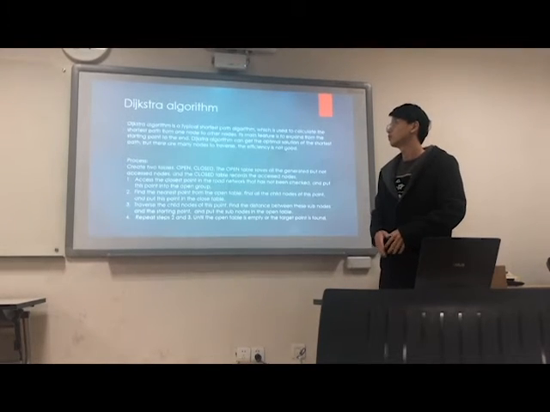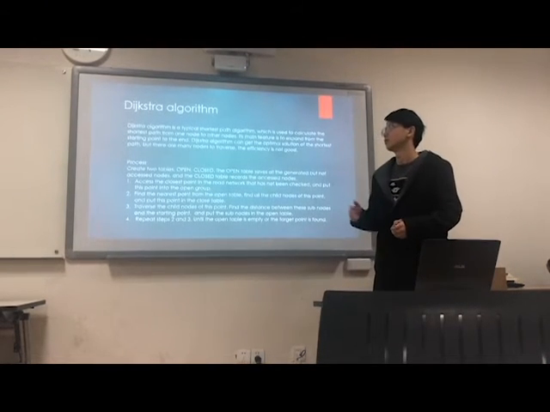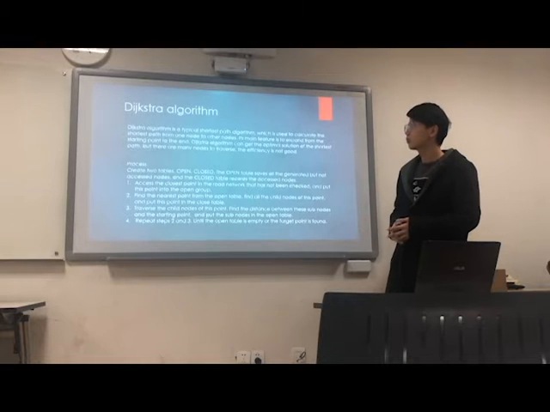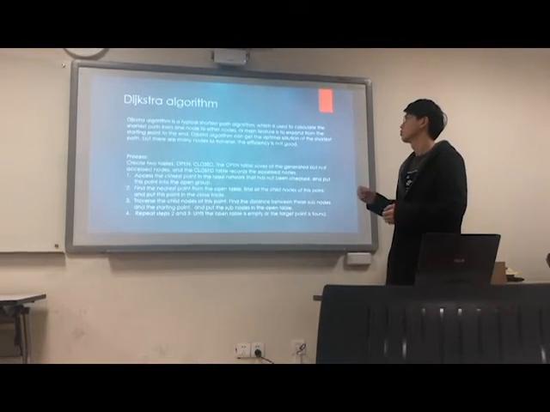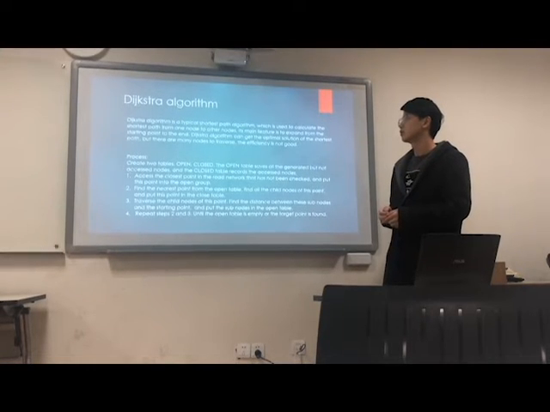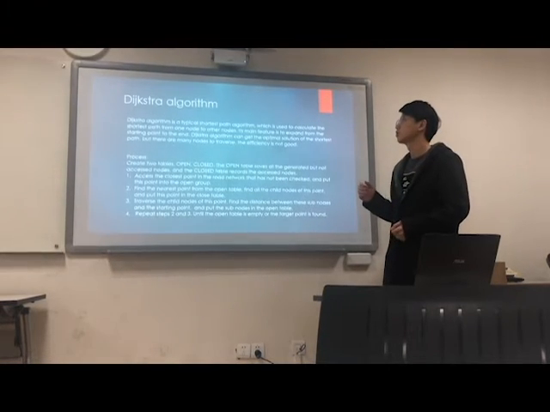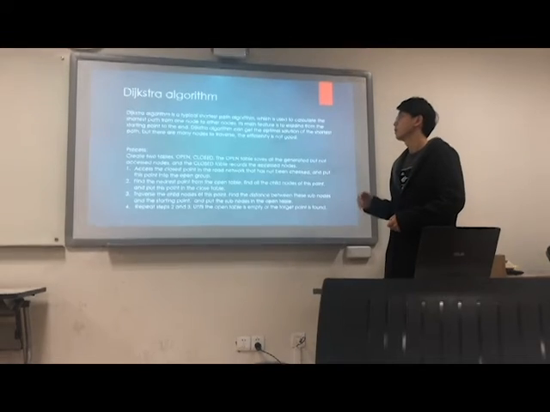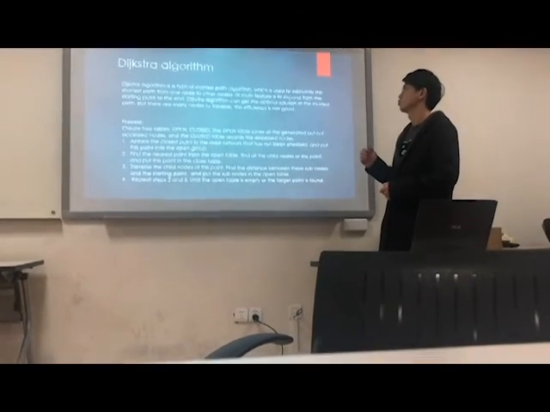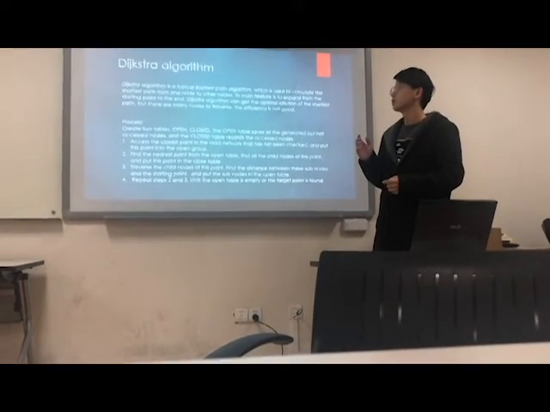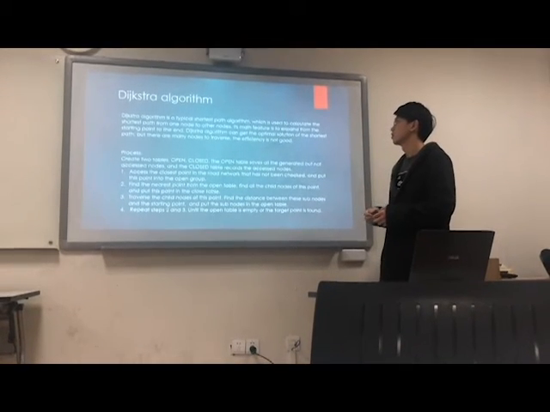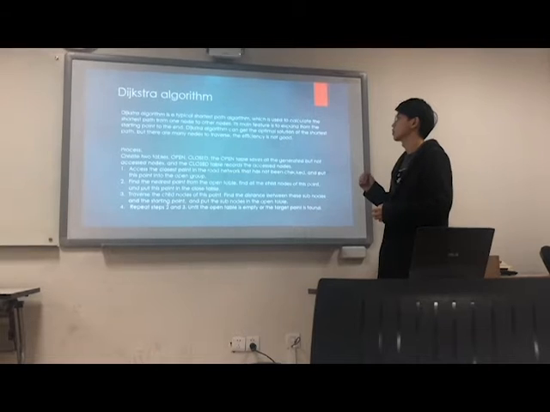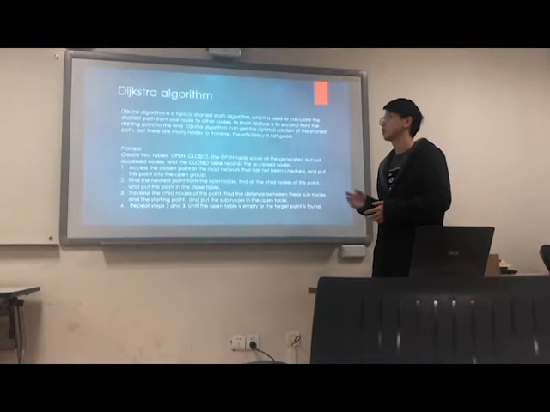The second algorithm we're going to compare is the Dijkstra algorithm. Dijkstra algorithm is a typical shortest path algorithm which is used to calculate the shortest path from one node to the other nodes. Its main feature is to expand from the starting point to the end. This algorithm can get the optimal solution of the shortest path, but there are many nodes to traverse.